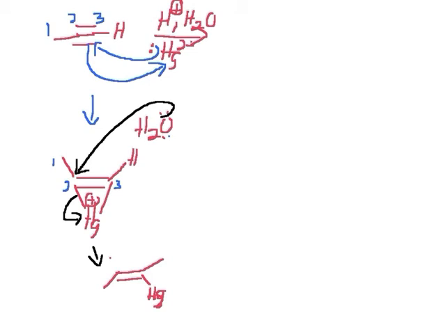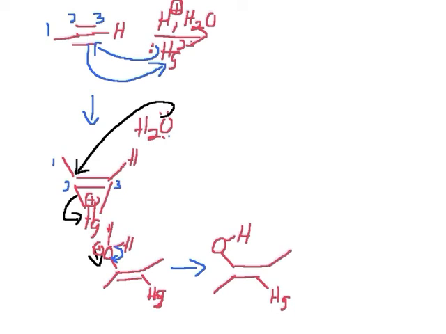All right, so we form this enol-type thing, where the water gives away an H. Remember, the mercury and the OH are trans to each other. That's important. So now we have an enol, or a mercury enol.